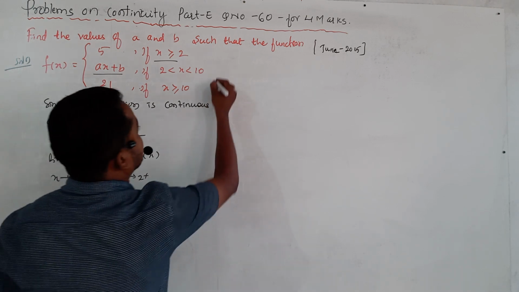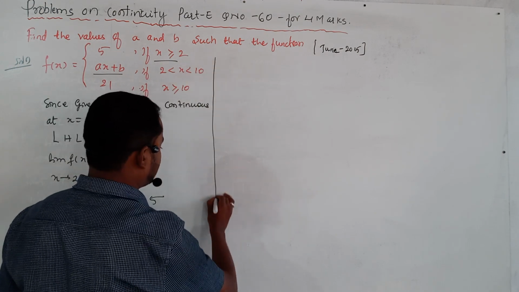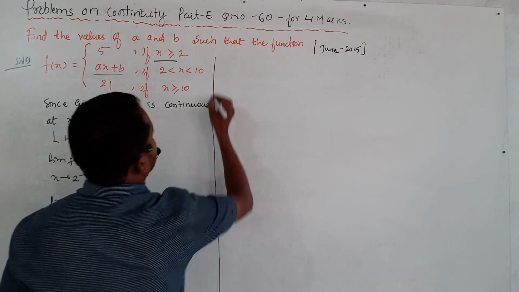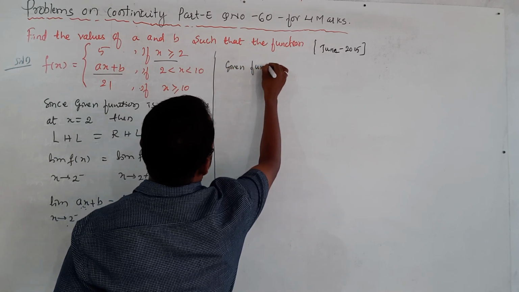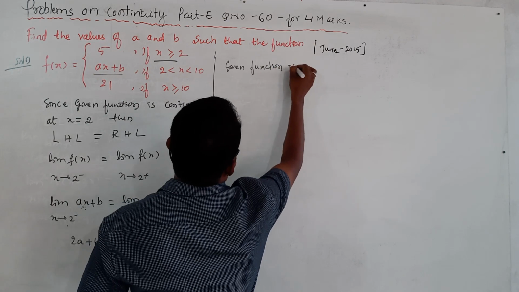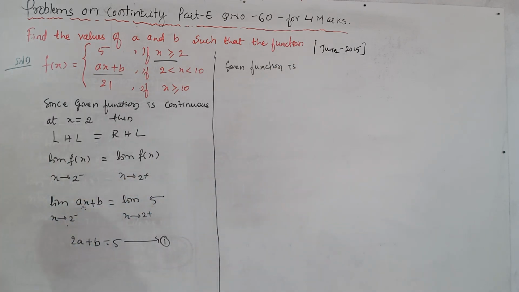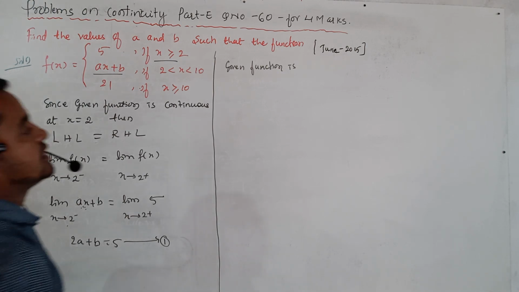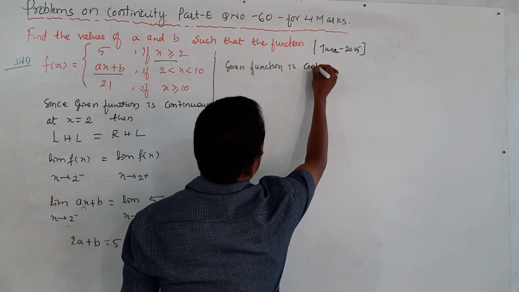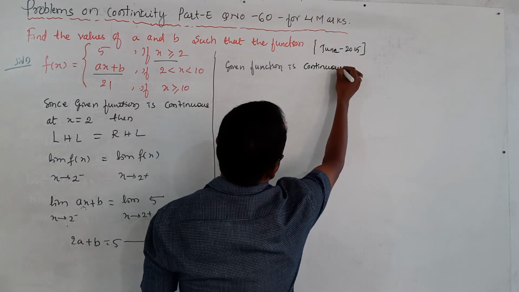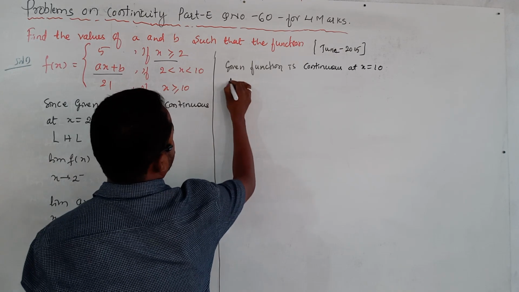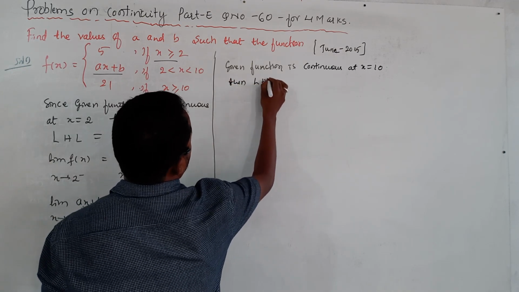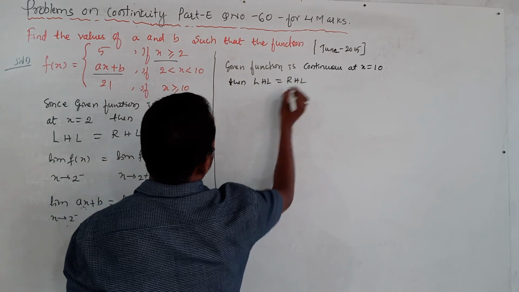Now I am writing the next part of the solution here. Given function is continuous at x is equal to 10. Then LHL equal to RHL.